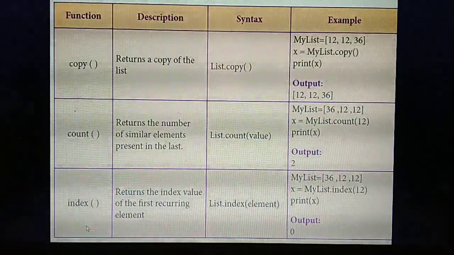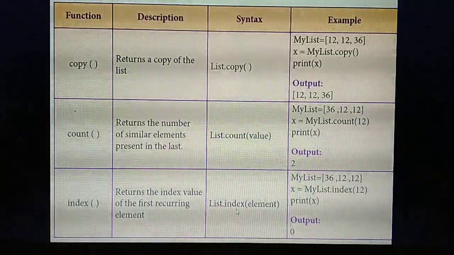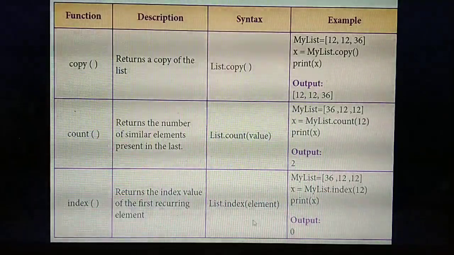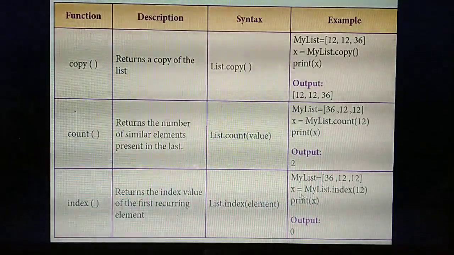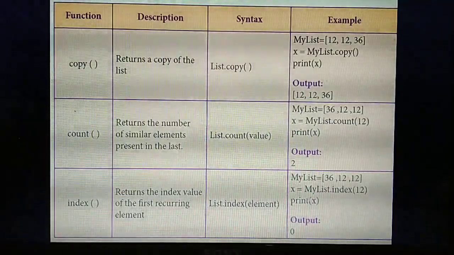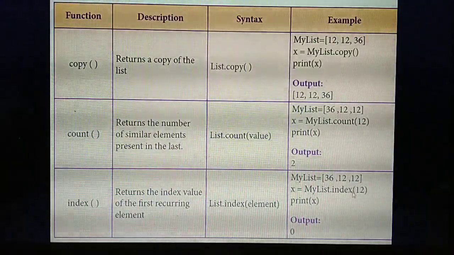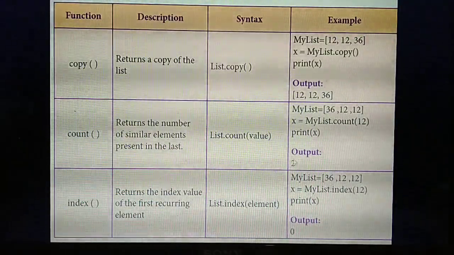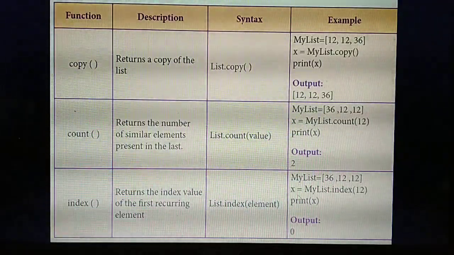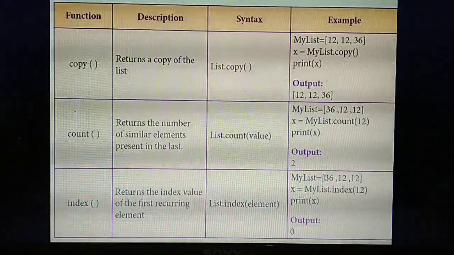So see this syntax: list dot index element. Some same elements are given in the list. Next, in the variable, what's the syntax? Name of the list dot index, element 12 you are giving. So always it will return which index value? The first index value. So the index value is 0. What's the first index value? 0. Understand?